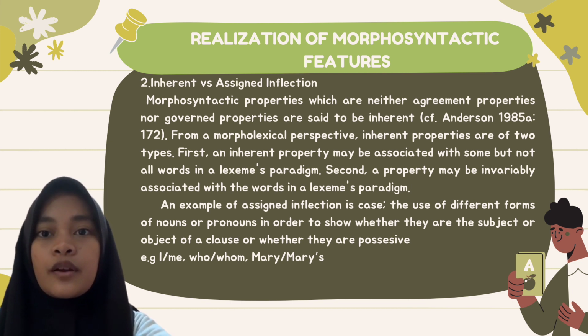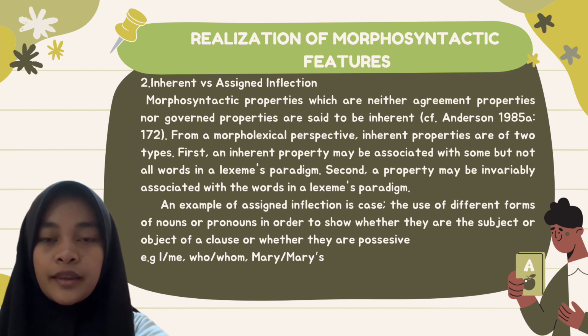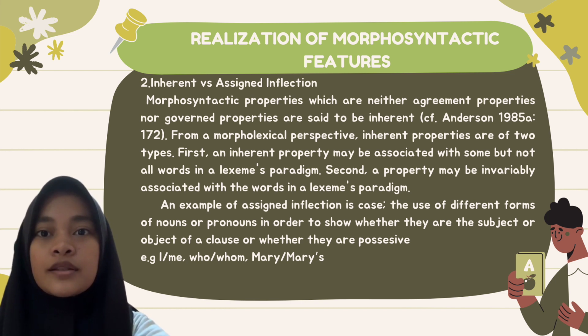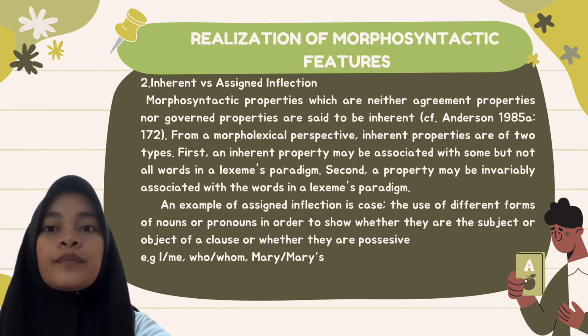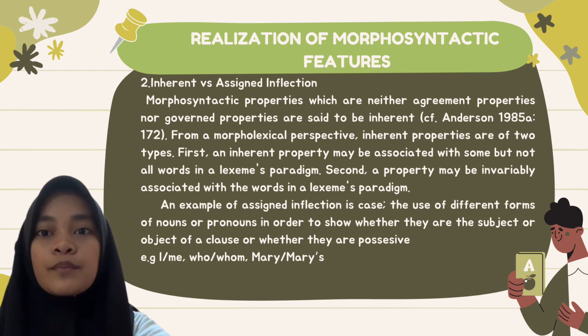From a morphological perspective, inherent properties are of two types. First, an inherent property may be associated with some but not all words in a lexeme's paradigm. Second, a property may be invariably associated with the words in a lexeme's paradigm.